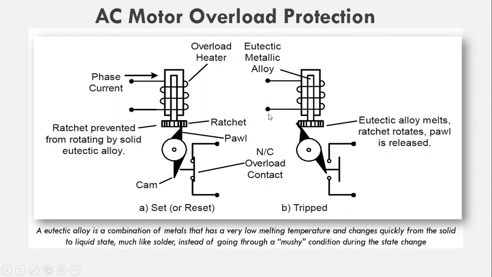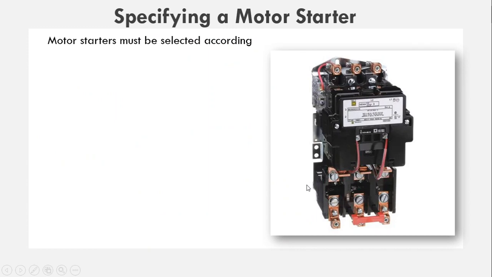When this rotates, it presses this switch and changes the contact from normally closed to open, and this becomes a tripping signal to our PLC circuit.